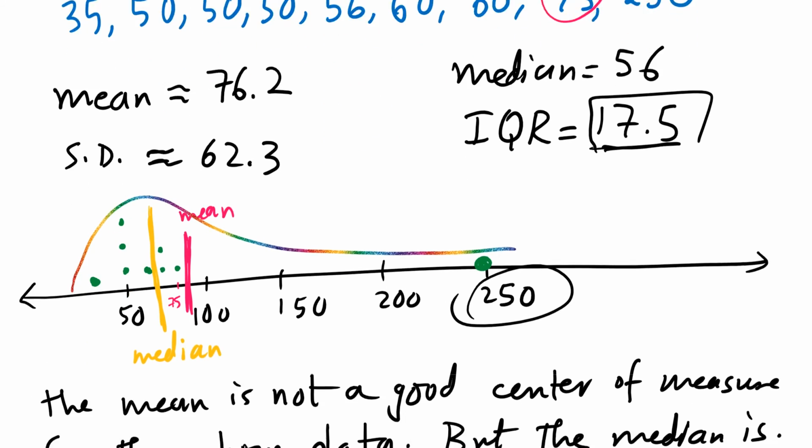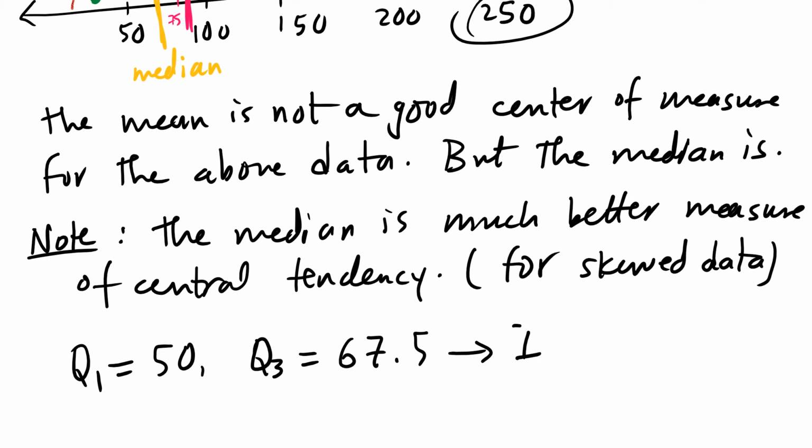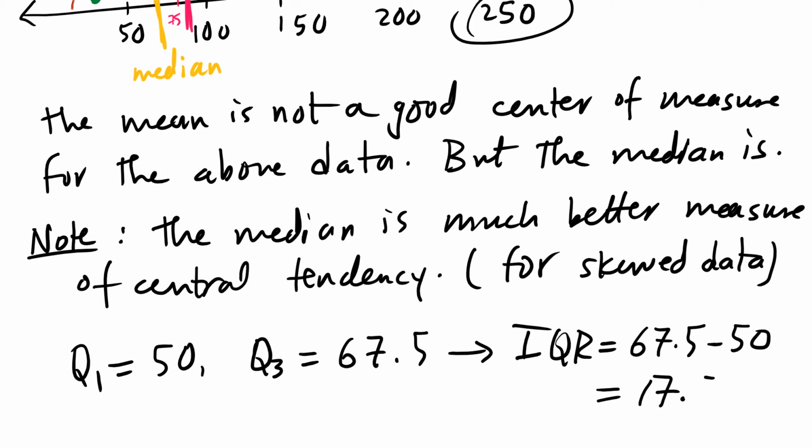Why is that? Because if you look at the data, you can find Q1 is 50 and Q3, the third quartile, is 67.5. From here we get the IQR by subtracting them: 67.5 minus 50, and this is 17.5. That's what the IQR is.